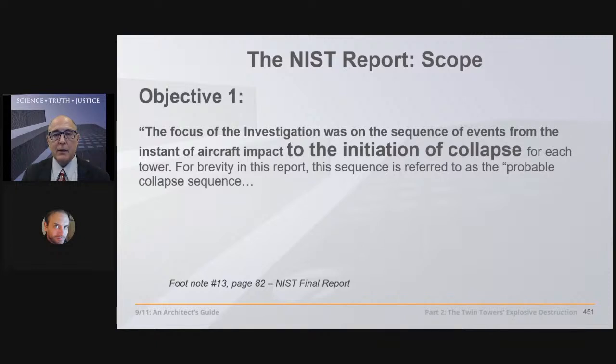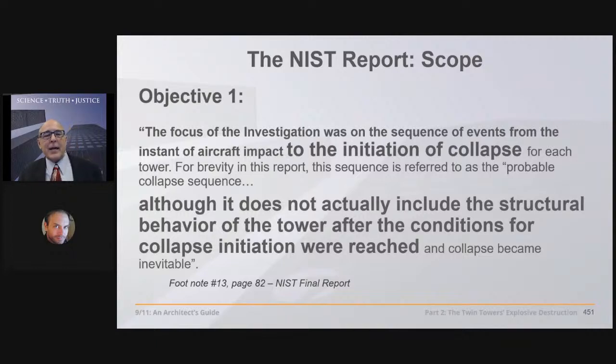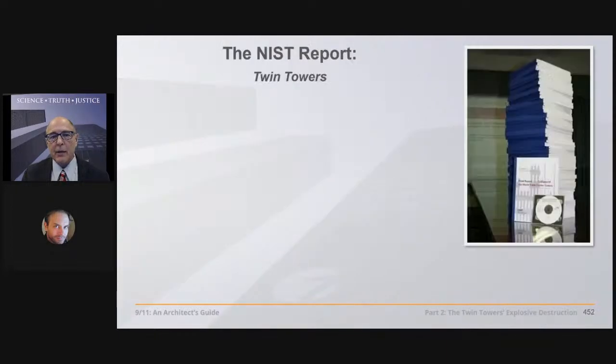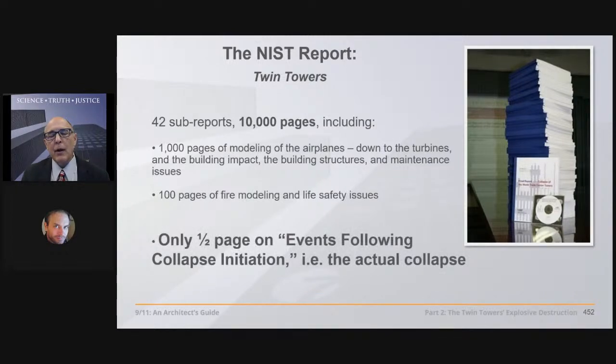What? You're stopping at the initiation of collapse? It doesn't actually include the structural behavior of the tower after the conditions for collapse initiation was reached. Wait, you spent 10,000 pages, $20 million, 4 years, and you have only half of a page explaining the actual collapse?